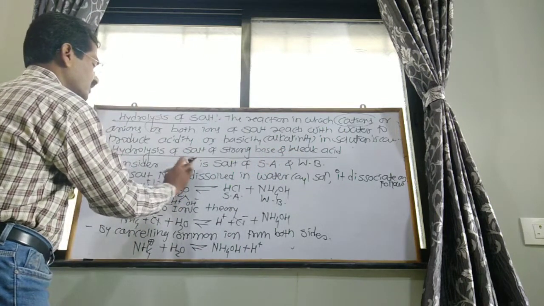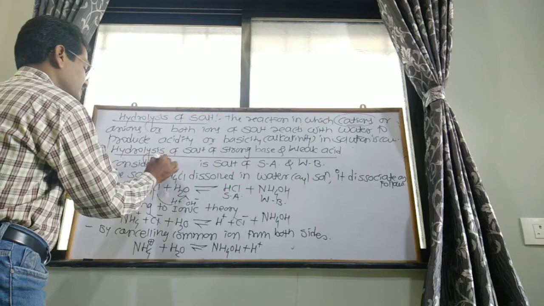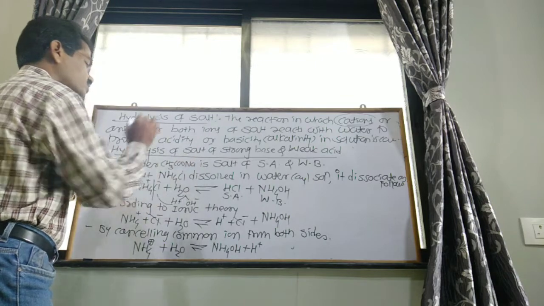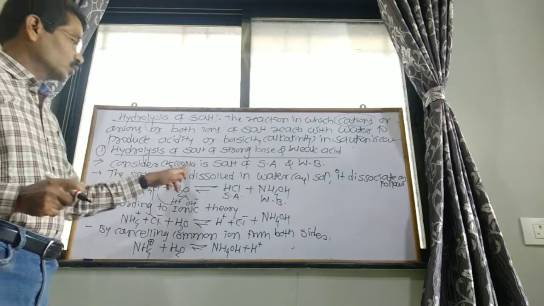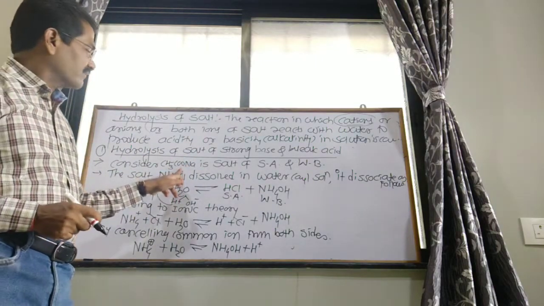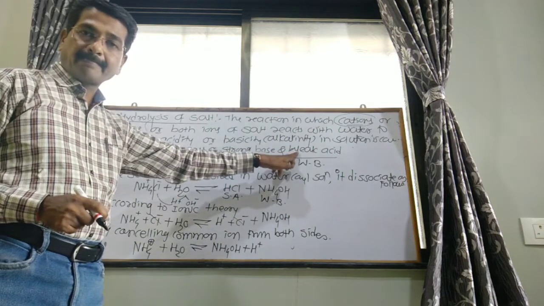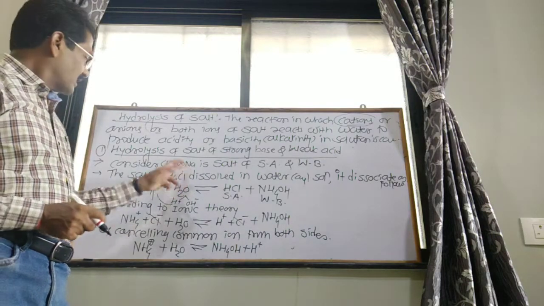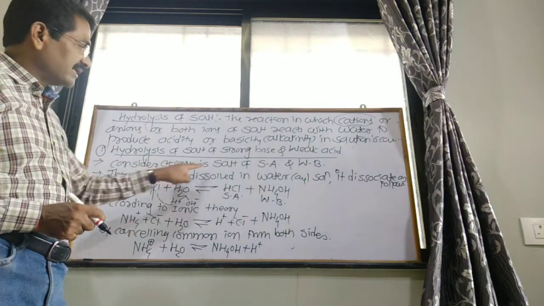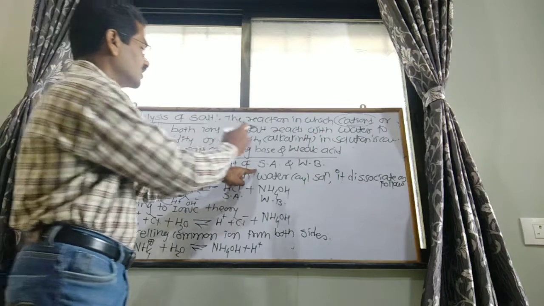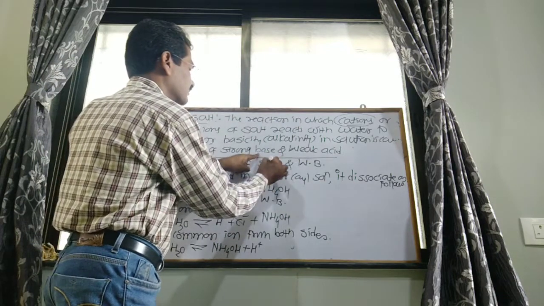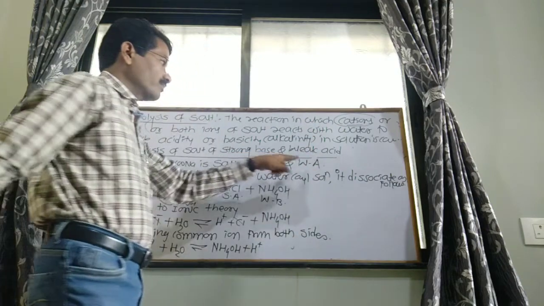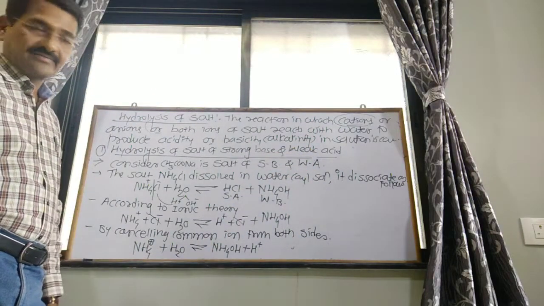Suppose that salt is CH3COONa, sodium acetate, which is made up from acetic acid, the weak acid, and sodium hydroxide, the strong base. Consider sodium acetate as the salt of strong base and weak acid.